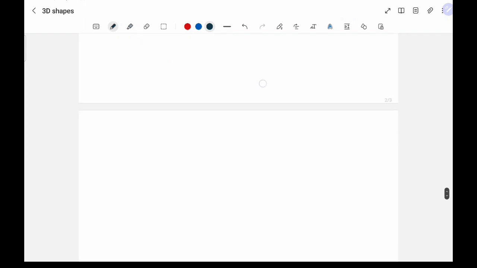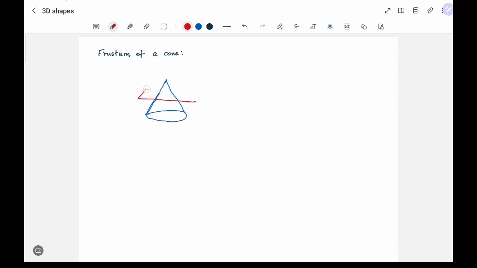So next we have the frustum of a cone. So the frustum of a cone is nothing but you take a cone and you cut it using a plane parallel to its base. You will get something like this.